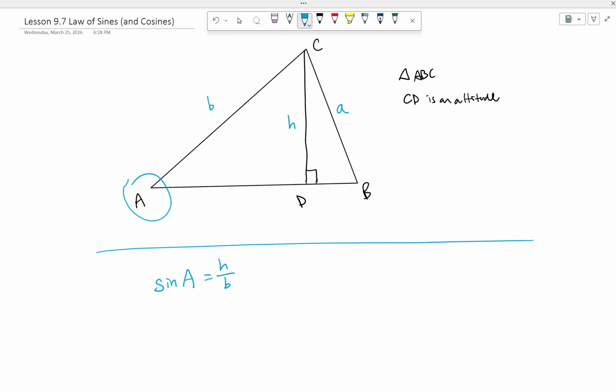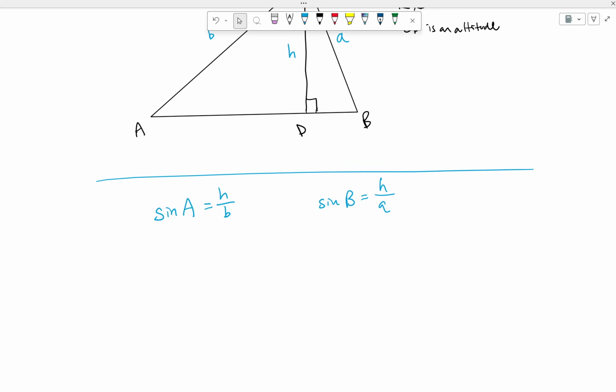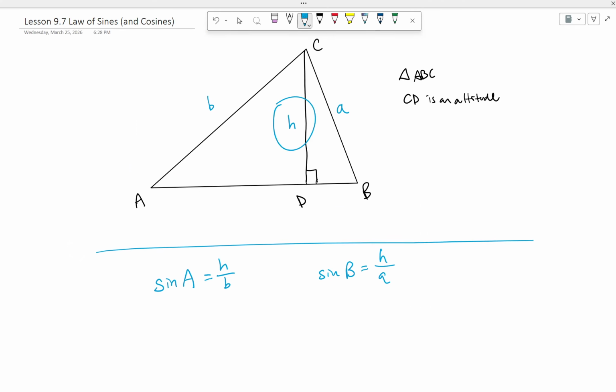Simultaneously, from angle B, I can develop the same ratio with sine, where the sine of B is equal to the opposite side h over the hypotenuse, which is a. Now, we can actually solve for this common side h algebraically.